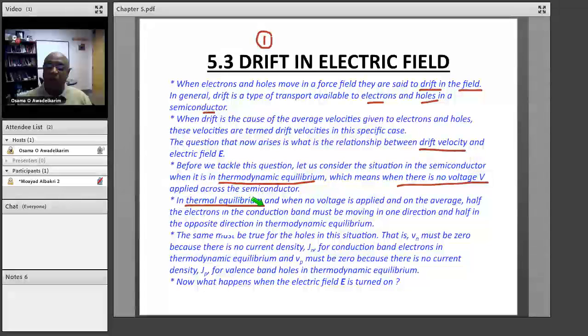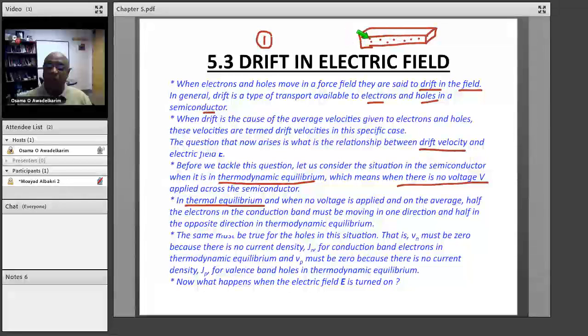So no electric field or voltage is applied. Now, we know that if we have a semiconductor and there is no electric field applied, then at a certain given temperature we will have free electrons inside this semiconductor.